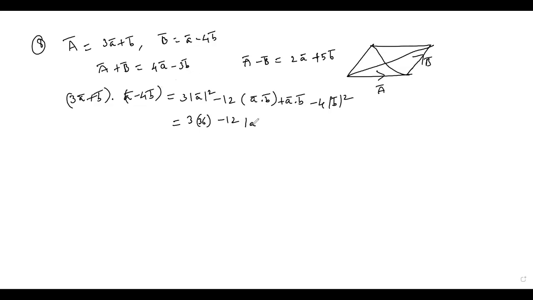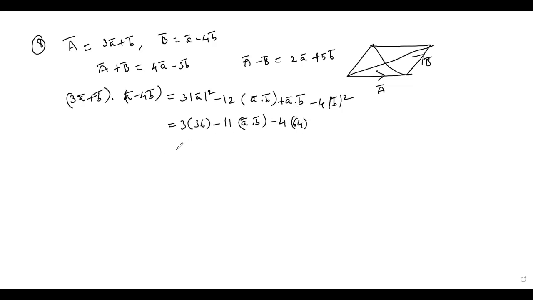Now mod A bar into mod B bar into cos theta. Anti-parallel means the angle between A bar and B bar is clearly pi. Now this total value after simplifying we can write: 3 into mod A bar square, that is 108, minus 11 A bar dot B bar, minus 4 into mod B bar, which is given as 8, that is 256.